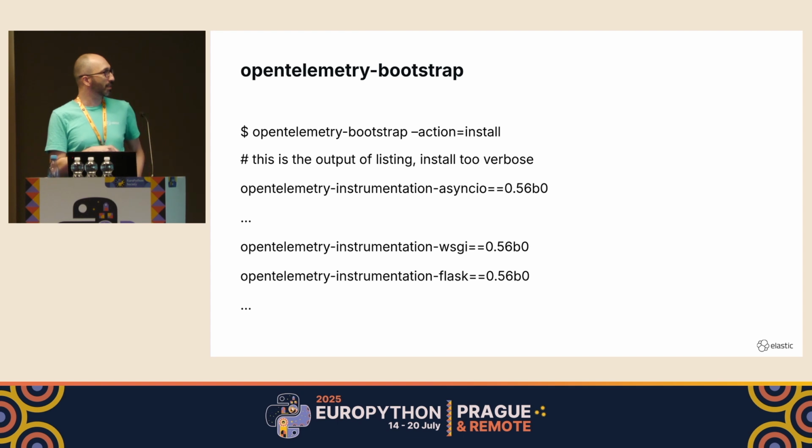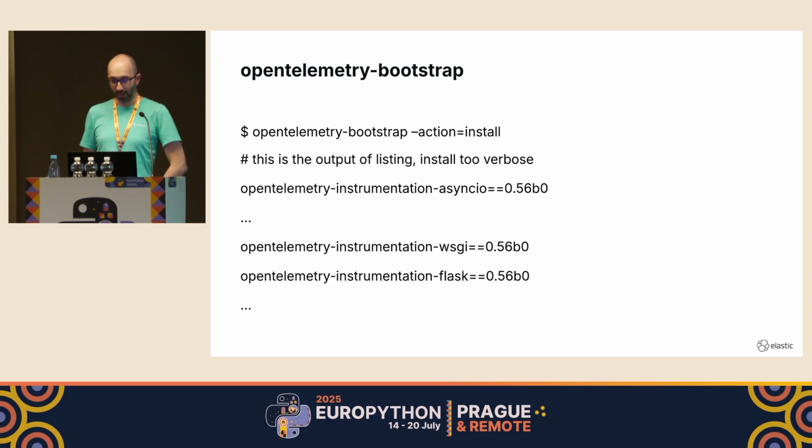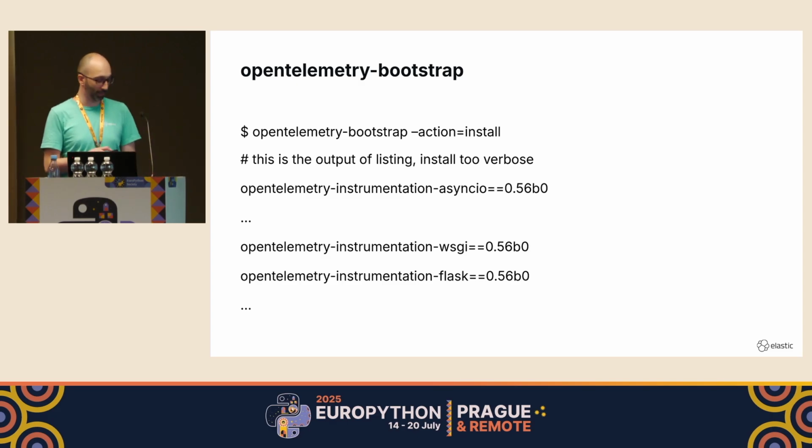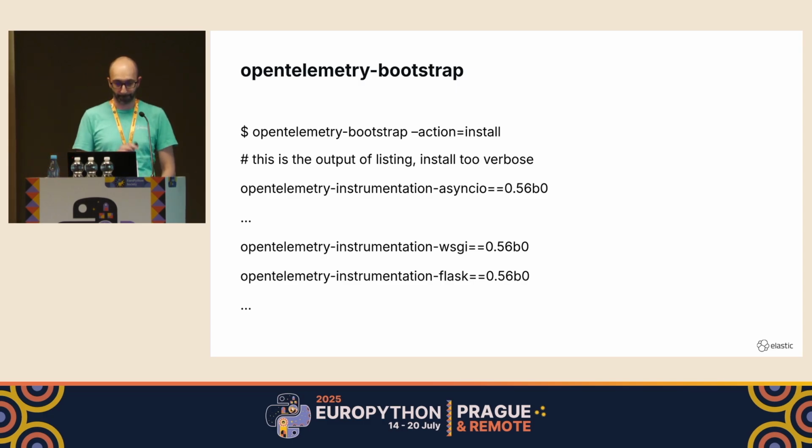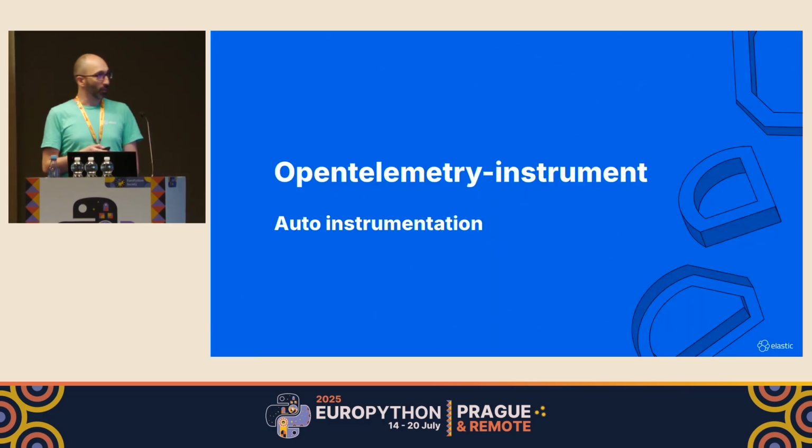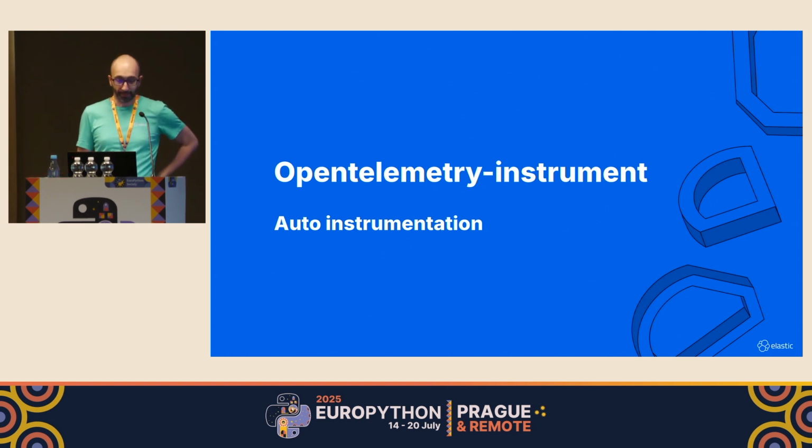In this example, we have the default instrumentation, for example the asyncio instrumentation that will be installed or listed. Then we also have our Flask instrumentation, and the WSGI instrumentation, a common instrumentation that is a dependency of the Flask instrumentation, so it will also be installed. This was the first command I want to show you.